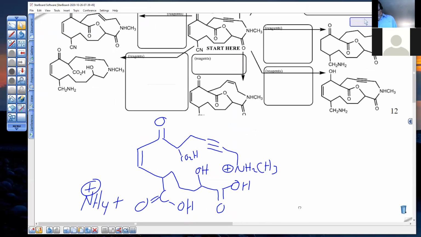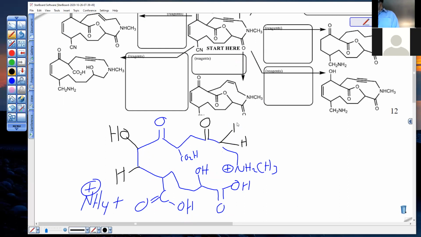I would also accept this answer here. I might give bonus too, if you got rid of the double bond and the triple bond. Hydration of an alkene would give like an OH on one carbon and H on the other. Hydrogenation of an alkyne gives 2 new H's on here.